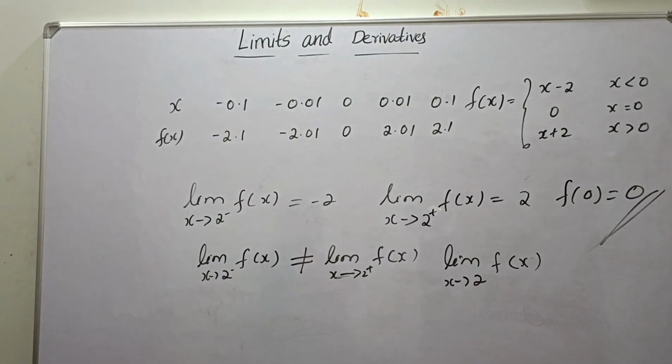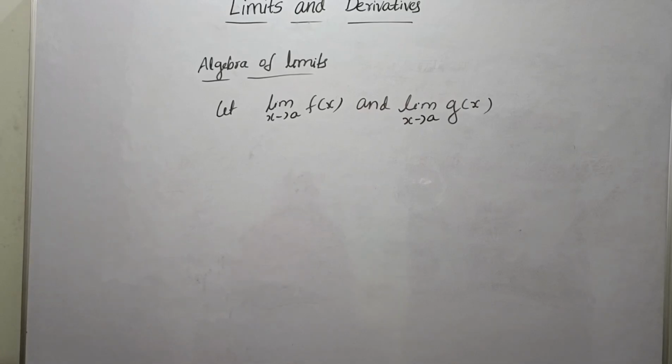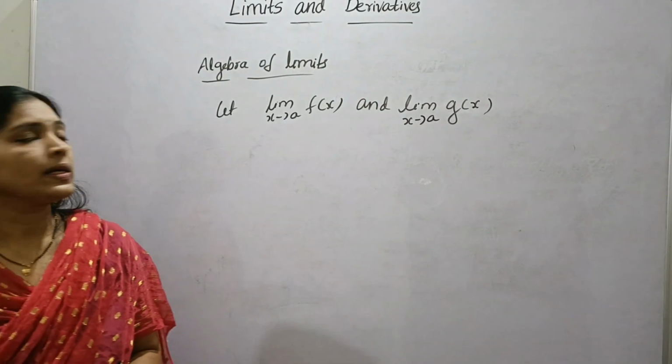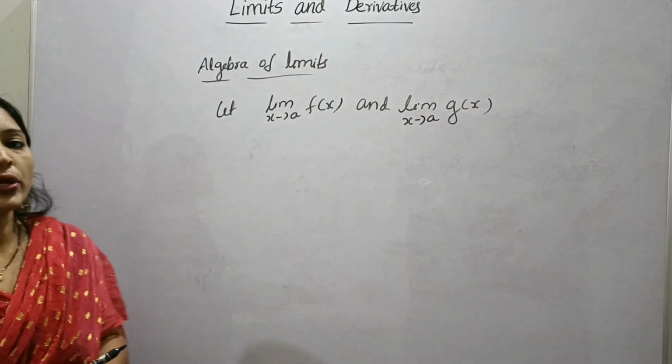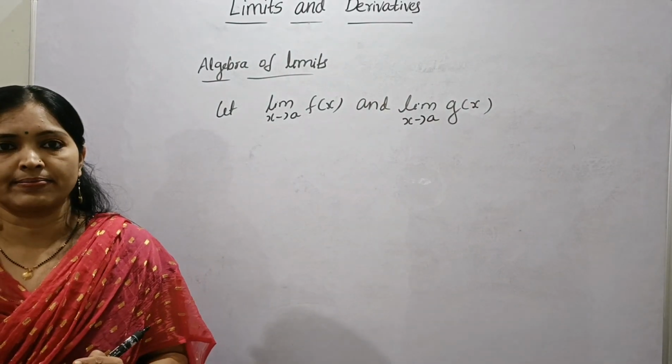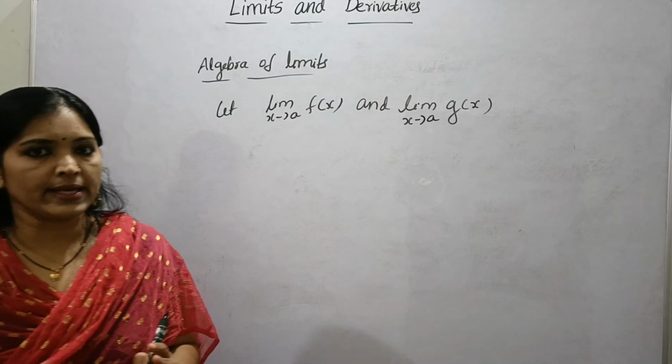Next is algebra of limits. Here we have taken two limits. Let limit x tends to a of f of x and limit x tends to a of g of x exist. Okay, two limits exist.